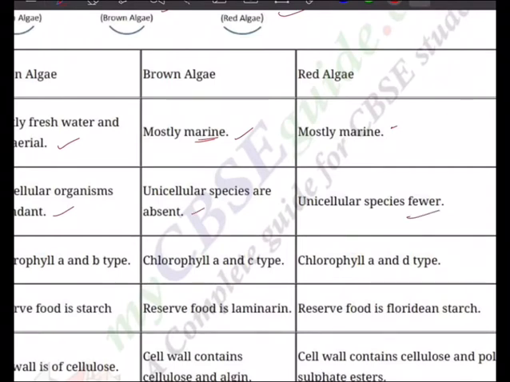In red algae, unicellular species are very few. Chlorophyll A and B is there, that's why green algae. Chlorophyll A and C is there in brown, and chlorophyll A and D, look at this, chlorophyll D is present in red. Reserve food is starch, laminarin, and floridean starch.